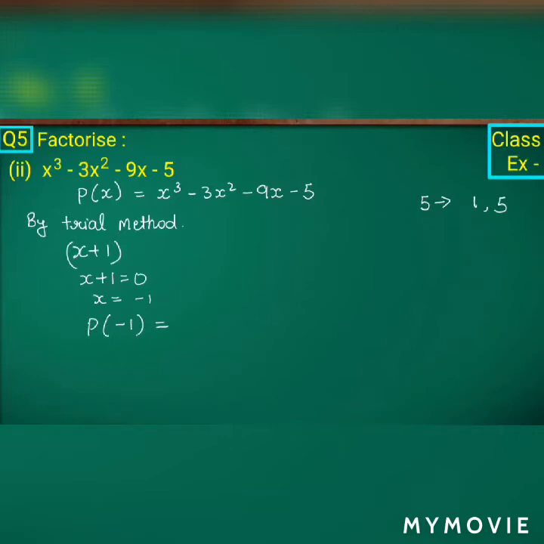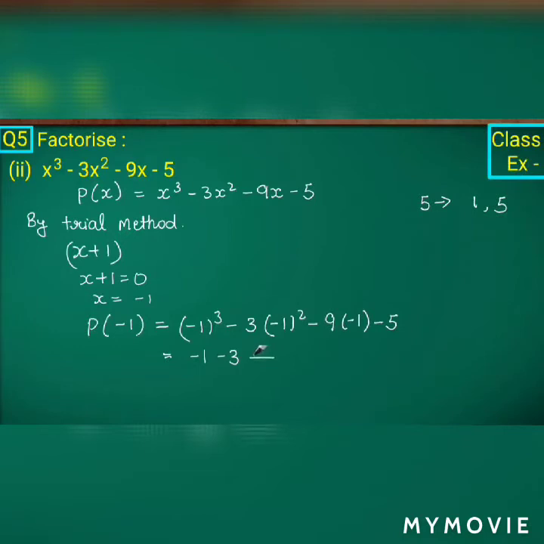So p of minus 1 is equal to minus 1 whole cube minus 3 into minus 1 whole square minus 9 into minus 1 minus 5, isn't it? I am just substituting the value of x in the given polynomial here. So we know that minus 1 whole cube will become minus 1. Minus 1 into minus 1 into minus 1: minus into minus will become plus, plus into minus will become minus. So minus 3 into minus 1 whole square: minus 1 whole square is what?